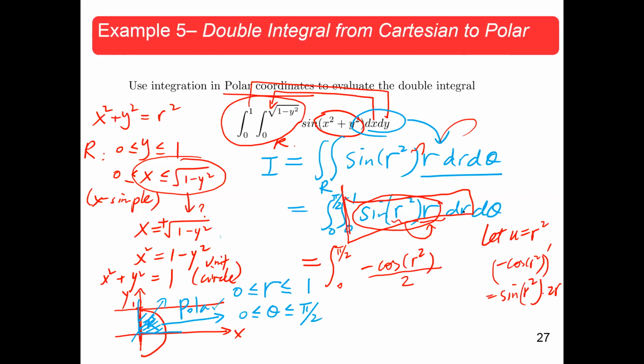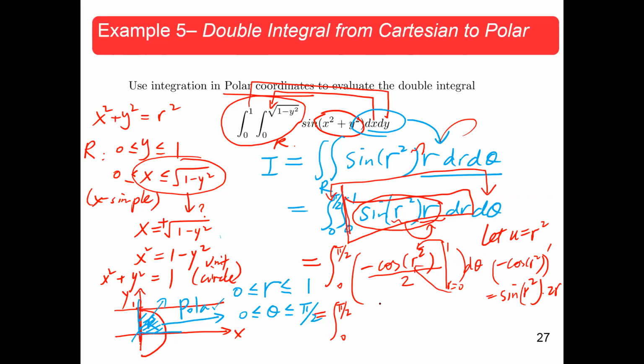Okay, the radius r, evaluated from 0 to 1, and then d theta. The d theta and 0 to pi over 2 are still in the outer layer. They are still there. We're just doing the inner layer. Okay, continue. Let's just evaluate at 0 and at 1.